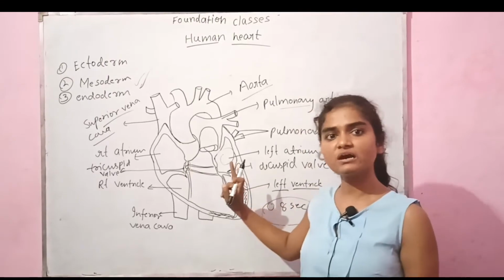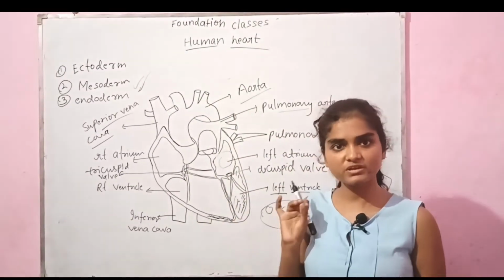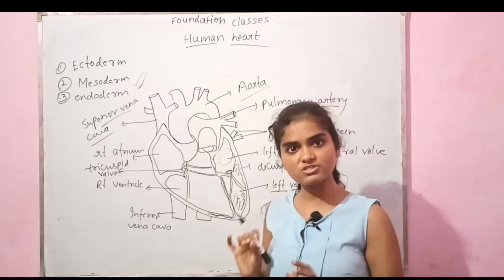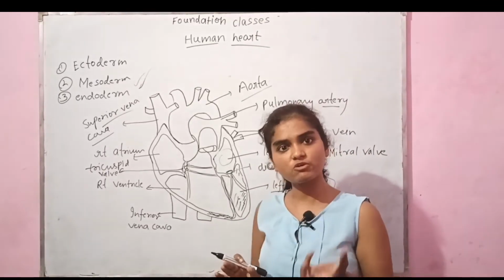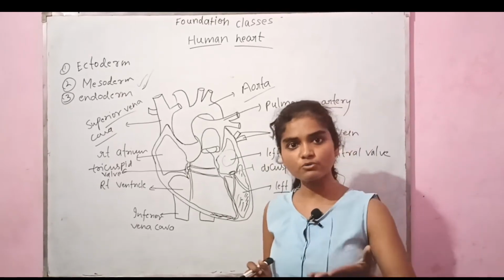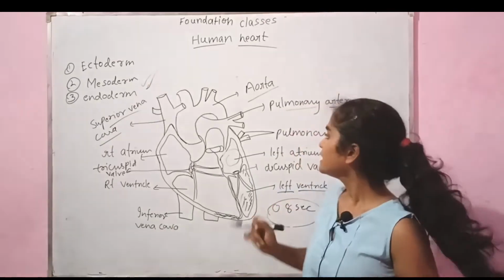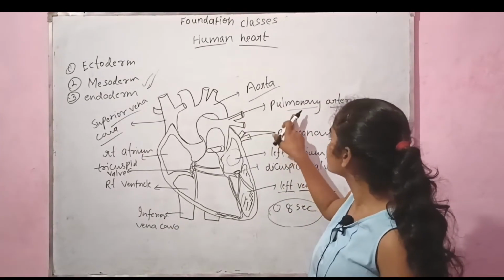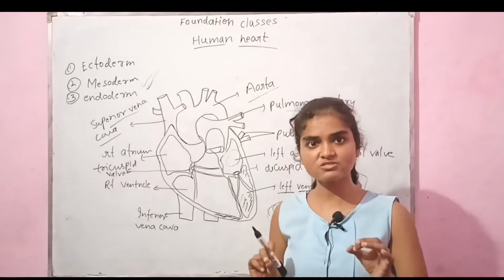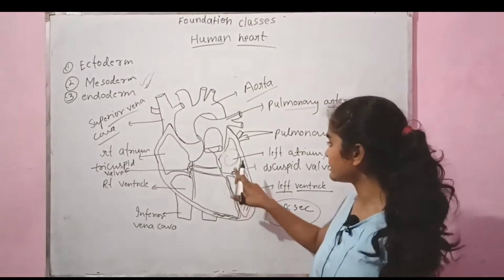Through the pulmonary artery, blood goes into the lungs, where oxygen is mixed into the blood and carbon dioxide gets out, which we exhale. Then oxygenated blood comes through the pulmonary vein, the only vein that carries oxygenated blood.